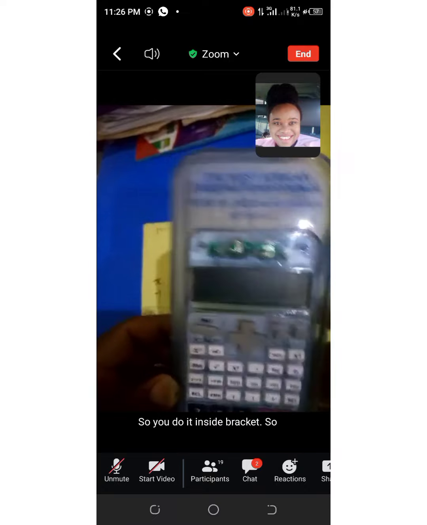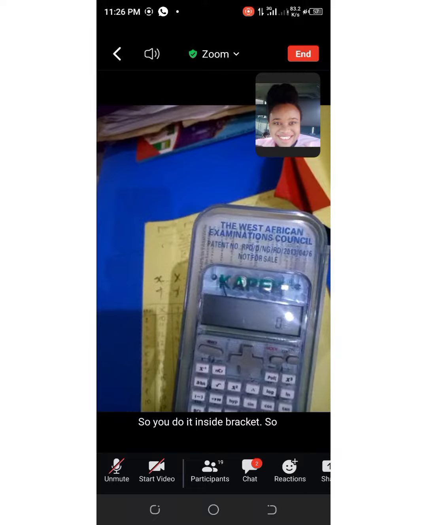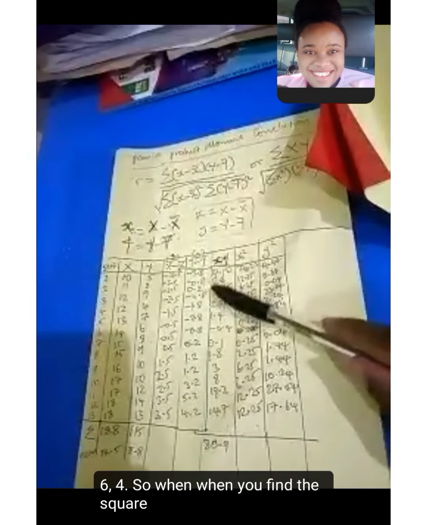When you square a number, even if you put minus 4.5 times minus 4.5, it will just bring out 20.25. Correct. And the last one is 17.64.